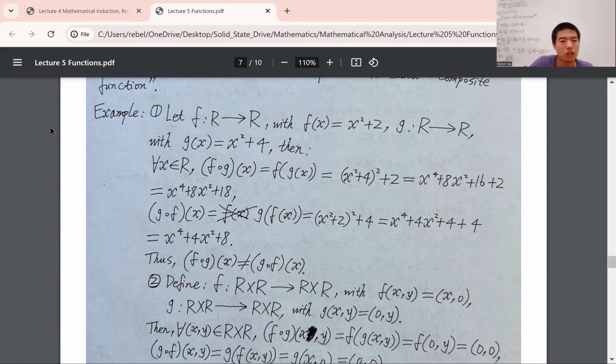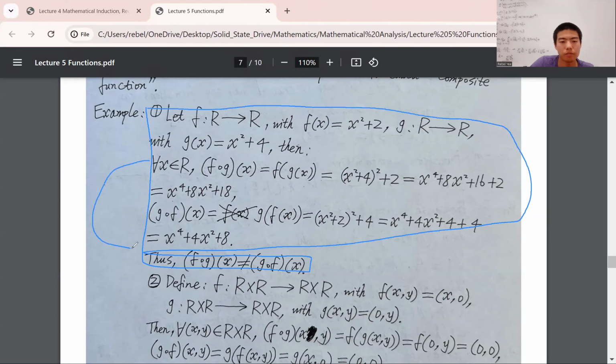So because this counterexample exists, we can conclude that fg doesn't equal gf in composition. So the order in the composition of functions matters.